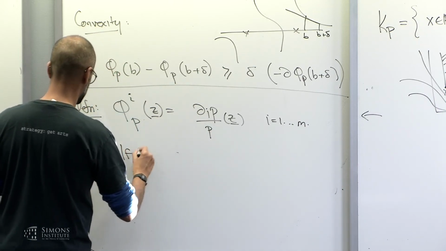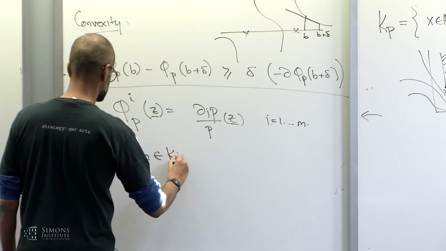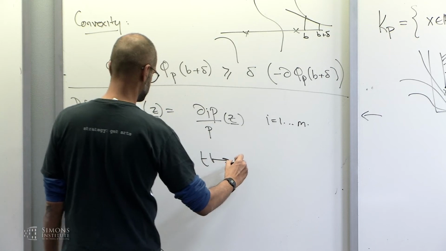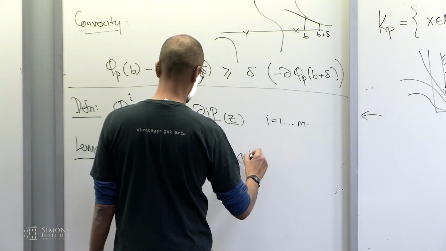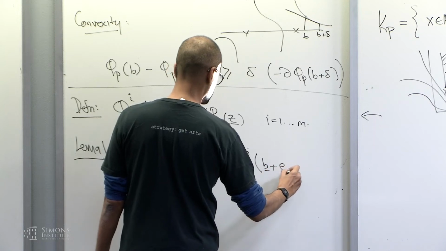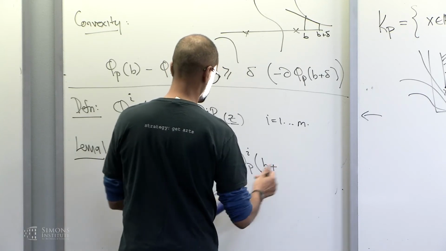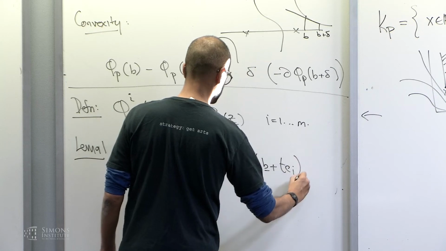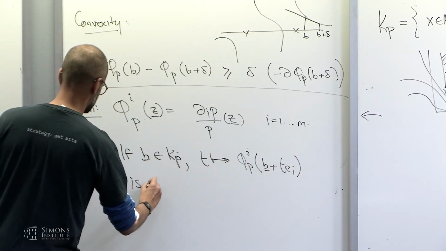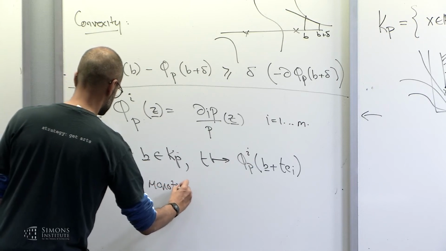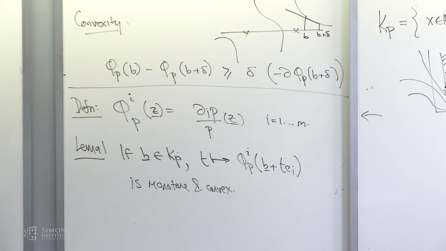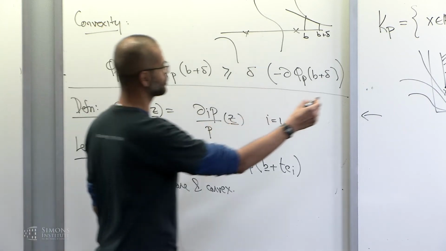So if you have a point that's above the roots of a real stable polynomial, then if you look at the barrier function, any of these barrier functions, in any of the coordinate directions, so this is a univariate function, is monotone and convex. Okay.